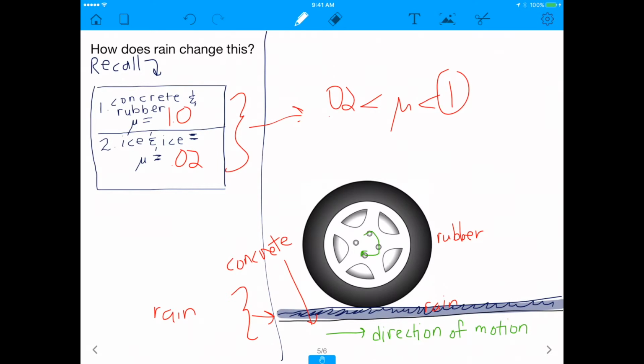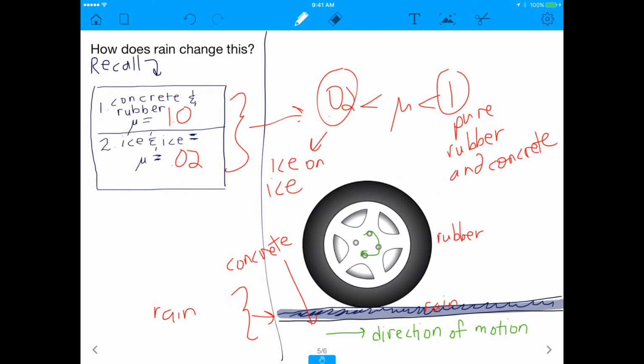Because 1 is for pure rubber and concrete, and 0.02 is almost for like water on water, because ice is just frozen water. Ice on ice. And we know that when we add water to the road, it's much harder for us to have that frictional force than it was in the past. So what theoretically is happening is that the coefficient of friction is actually going to decrease.